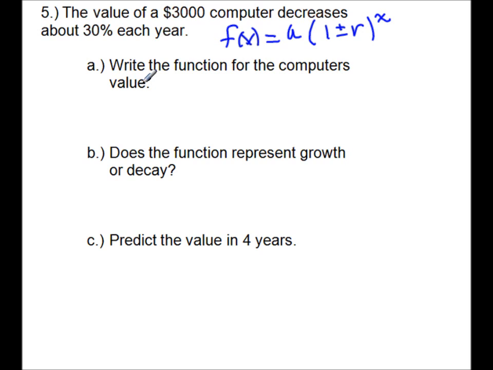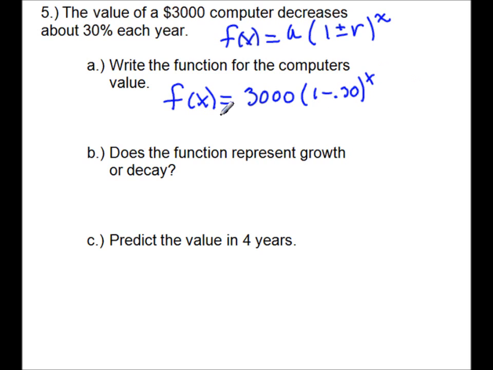So when we write the function for the computer's value, it's going to be f of x equals 3,000 times 1 minus, and then you have to remember we have to put this percent in decimal form, 0.3 to the x power.